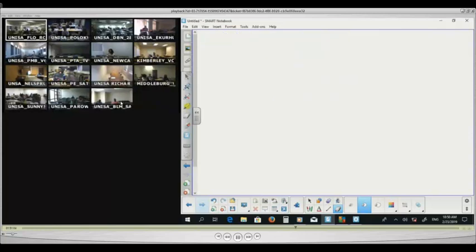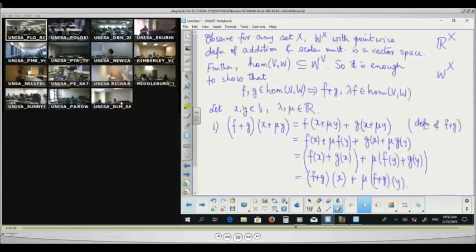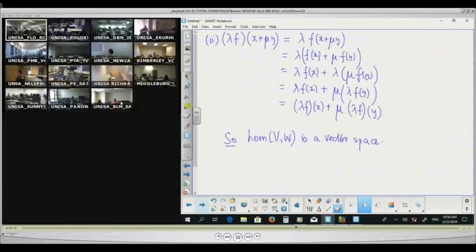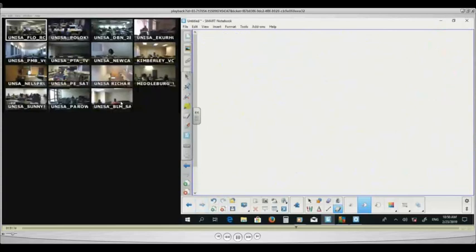All right. So now, what is this order? I think 8b. So we will show that this is a vector space. Now, so Hom is a vector space. We have just now showed.